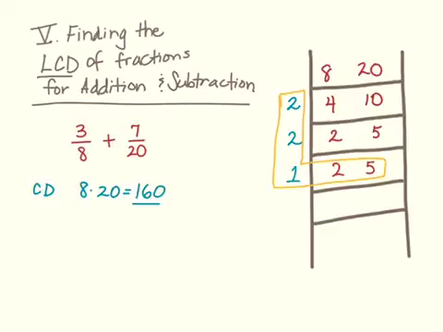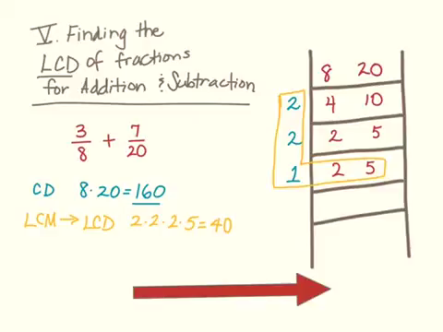And so the least common multiple, which in this case we're calling the least common denominator because we're dealing with an addition of fractions, would be the product of 2 times 2 times 2 times 5, giving us a product of 40.